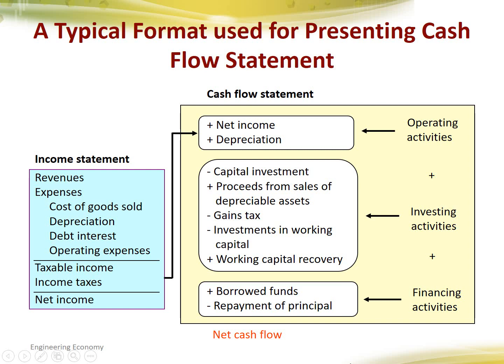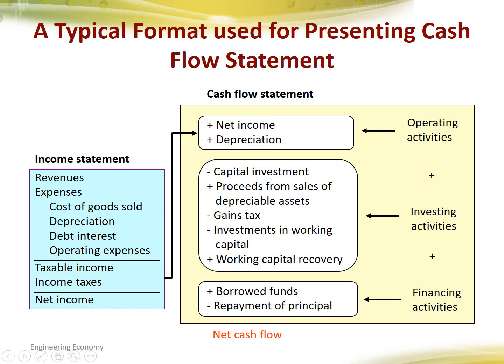Then subtracting expenses from revenue, you get taxable income. Then you get income tax. Then subtracting income tax from taxable income, you get net income. So net income will come to the cash flow statement at the top. Then you need to again add depreciation back. So this is the income out of operating activities.